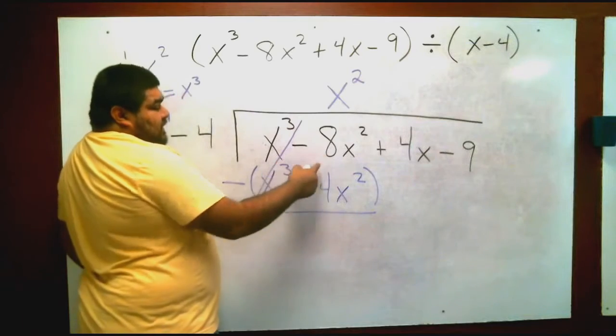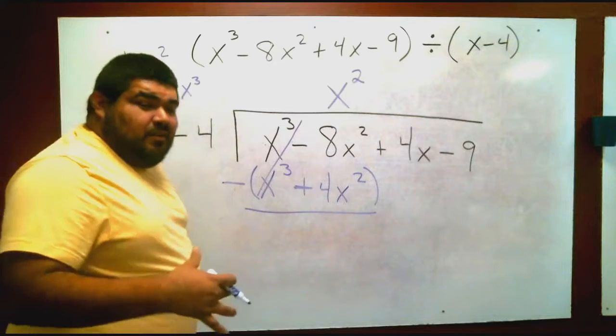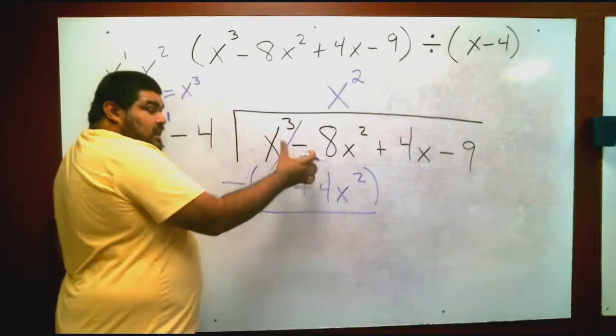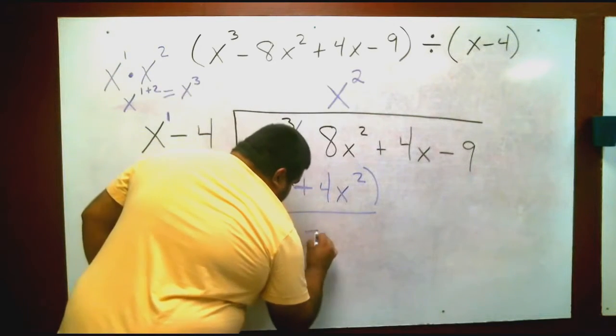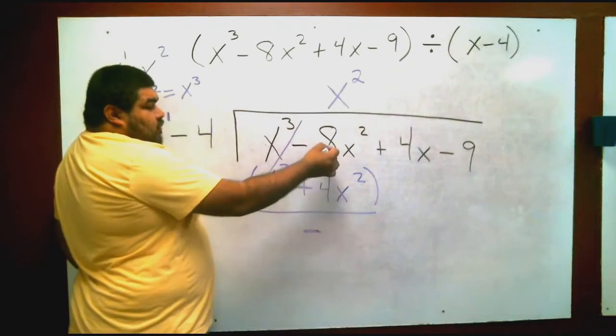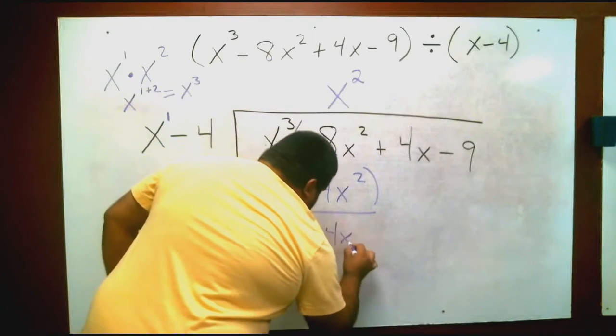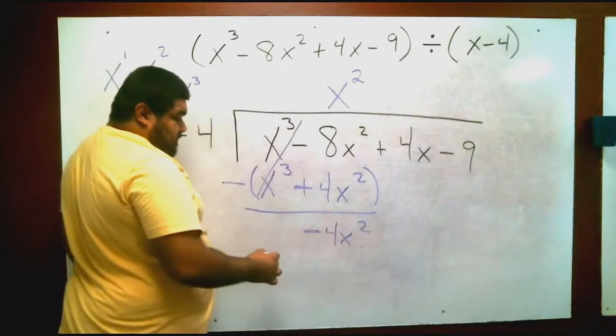So we have negative 8 plus 4. Obviously, there are 2 different signs, so you're going to subtract them. Your biggest one is negative, so you know your answer is going to be negative. 8 minus 4 is 4. So we have negative 4x squared. Okay?